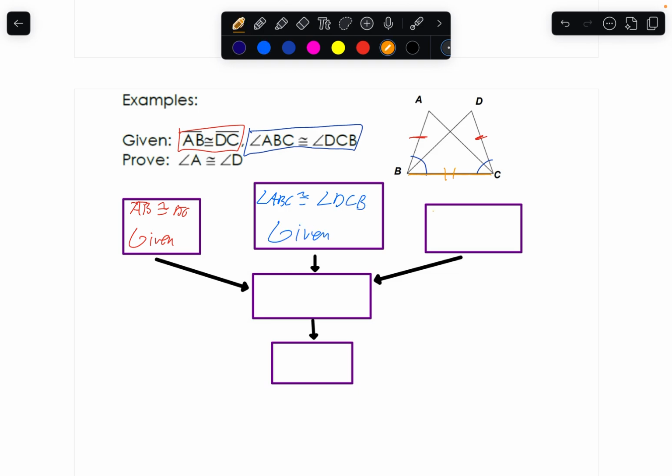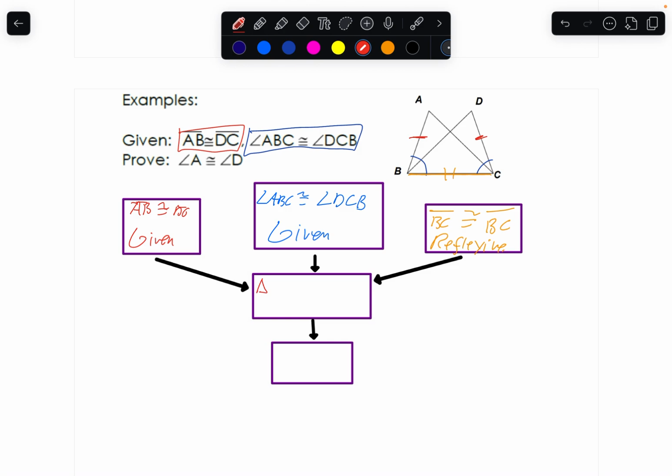Segment BC congruent to segment BC, reflexive. This information is enough to prove that the two triangles are congruent. So now I can invoke that the two triangles are congruent.